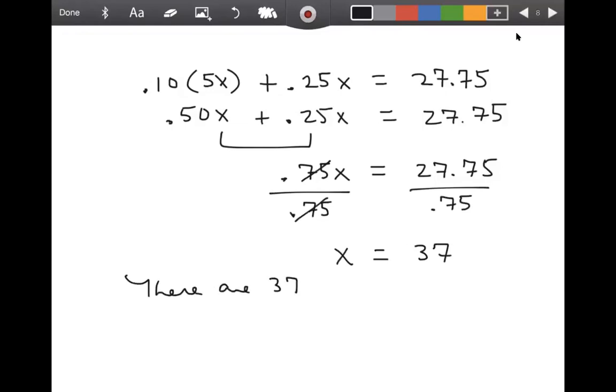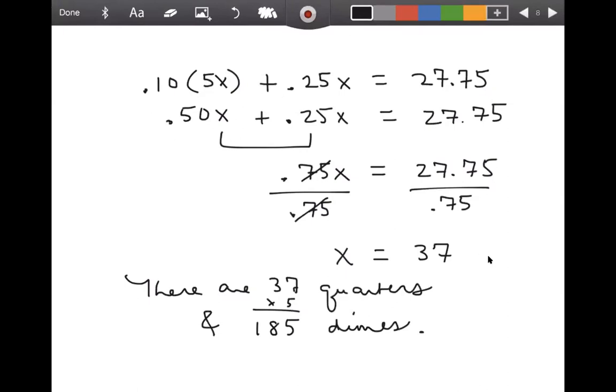So there are 37 quarters and 5 times as many dimes, which is 185. And that one would also be very easy to check, right? Just check the total value of the quarters, the total value of the dimes. Make sure they add up to 27.75.